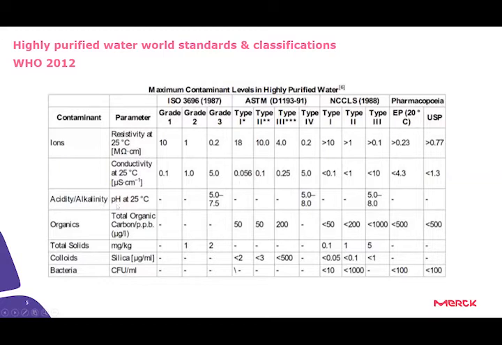One more parameter you will see is the pH. I have seen a lot of people inside the labs trying to test the pH of highly purified water, which is not possible because pH testing is based on the mobility of the ions. And when we are speaking about highly purified water, we are speaking about water without ions inside.